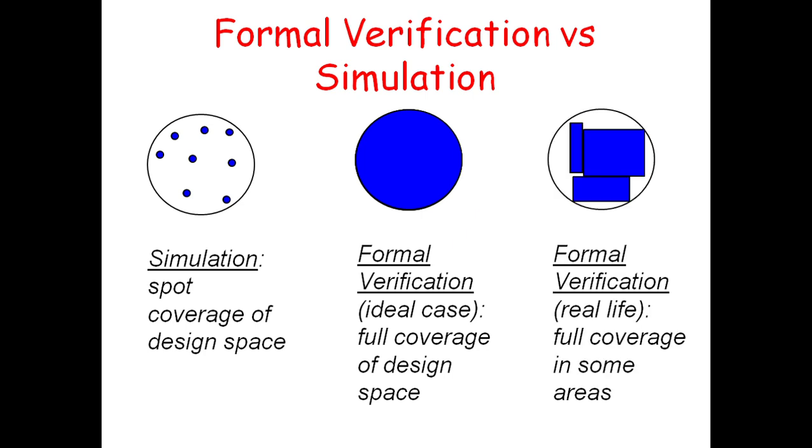But in practice, it provides full coverage, but only in some areas, not in all areas. Let's assume the circle represents all the modules of the system under verification. These colored boxes represent those modules which are of significance to the system reliability.